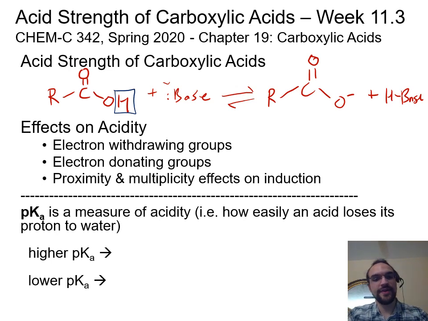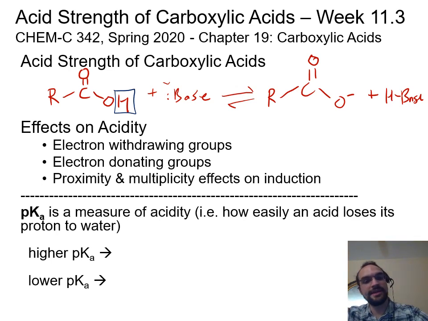And just as a refresher, we measure acidity using pKa. And remember, don't confuse this with pH, which just is measuring the hydronium ion concentration in a solution. No, this is essentially an equilibrium constant that describes how easily an acid gives up its proton.